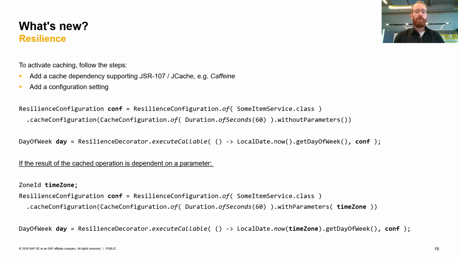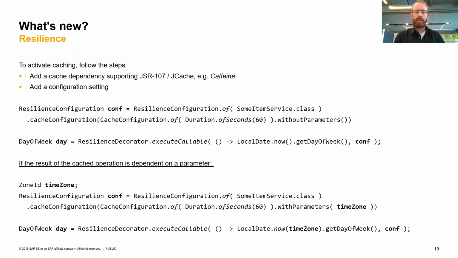And if you now want to use caching, as I mentioned earlier, you have your resilience configuration as before, and this resilience configuration then also has a cache configuration method on there, which you can pass a cache configuration in. Here in this case, we have a cache configuration which caches everything for 60 seconds. Also mentioned here that we don't have any parameters. This is necessary.